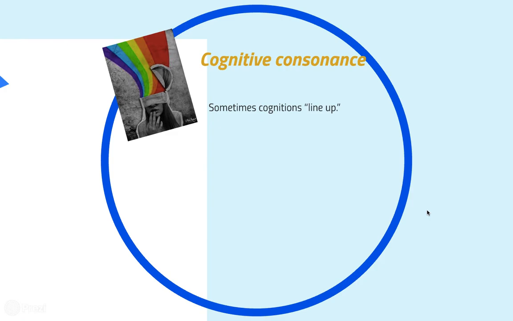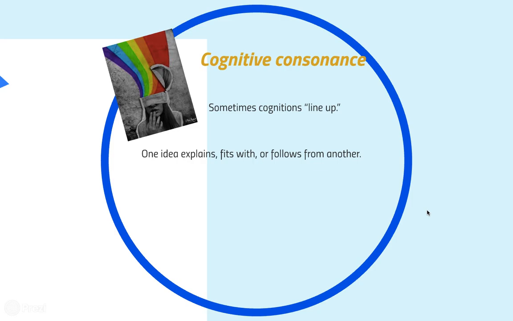On the other hand, it's possible that our ideas are related, and when they are, we call that cognitive consonance. So some of our ideas line up. One idea maybe explains or fits with or follows from another.